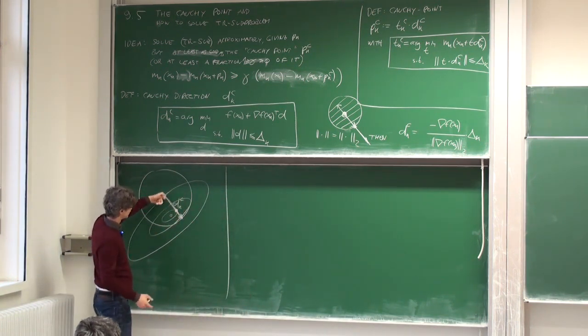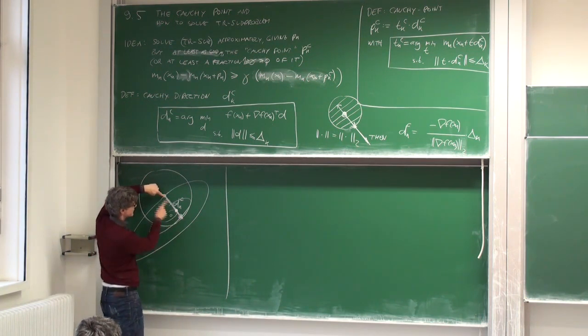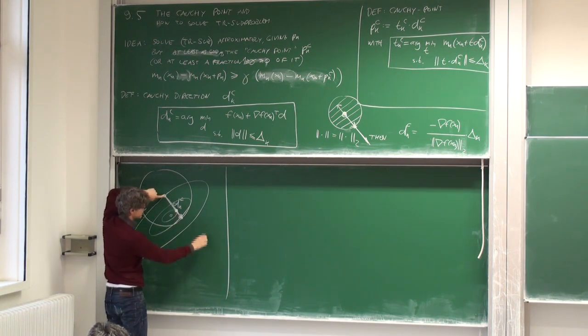You can easily find the minimizer of the quadratic on this line. This minimizer can be inside the region, then you take that point, that's the minimum. Or the minimizer is outside the trust region radius, then the point on the boundary is the right answer.